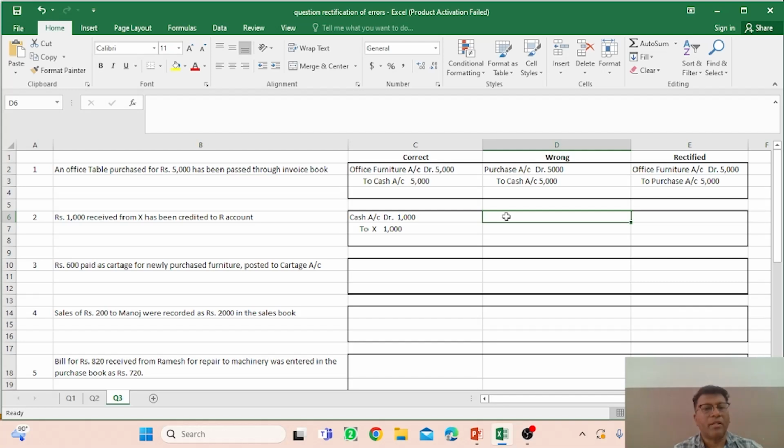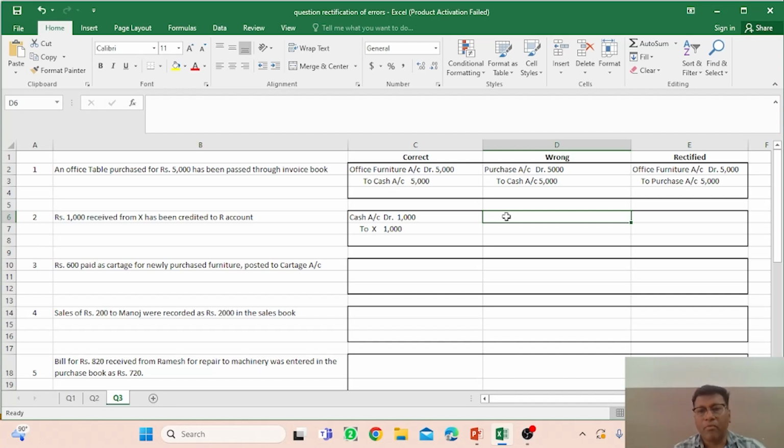You have to assume that it was wrongly posted, so it was credited to R's account. It means a single account was wrongly credited. We assume there was no error in the cash account, because we are talking about the account only, and there is no mention of any book.